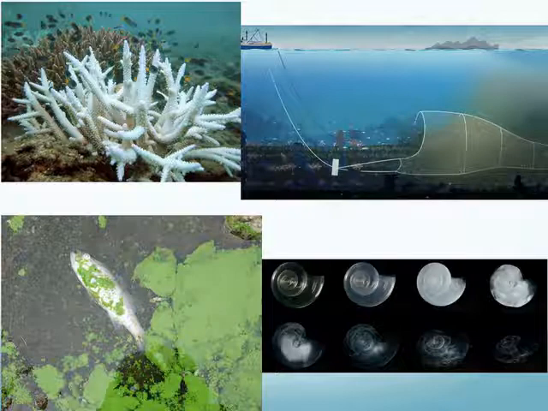You can see the coral in the background that's kind of a brownish color. That's a live coral. You can see all the fish hanging out around it. There's only a few fish surrounding that bleached coral. So you can tell it really damages not only the coral, but also the biodiversity on the coral reef.